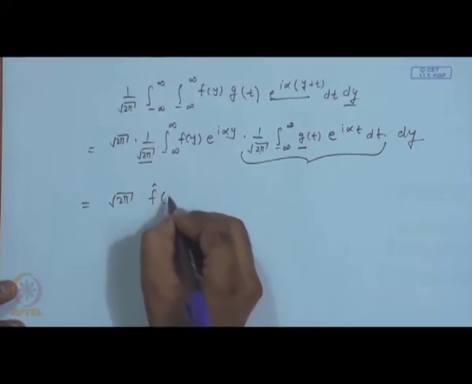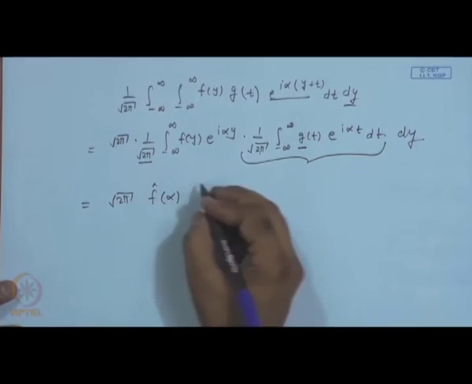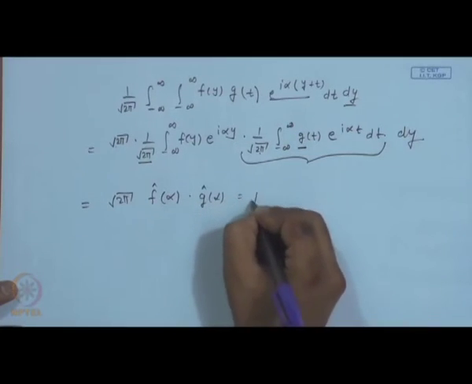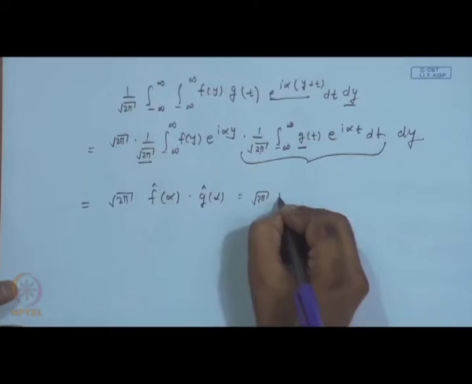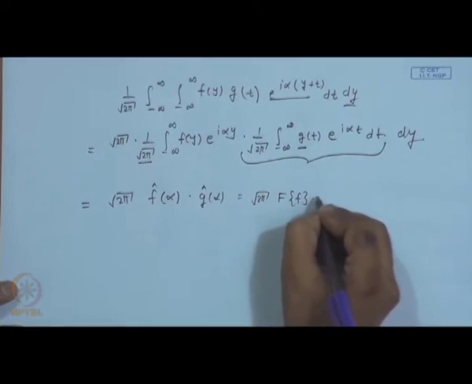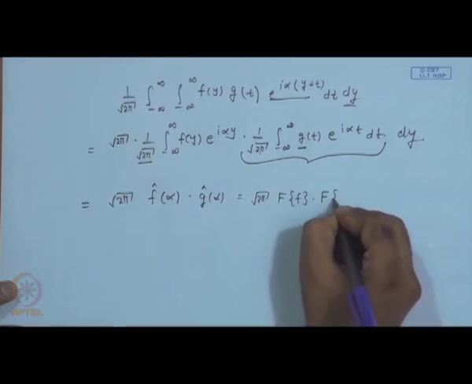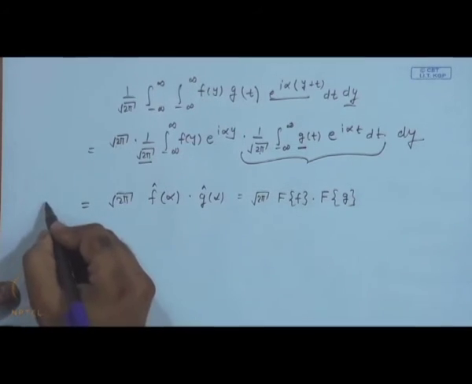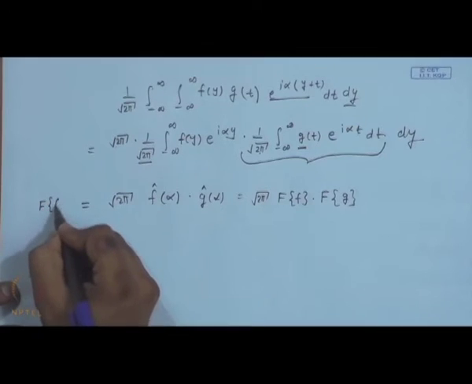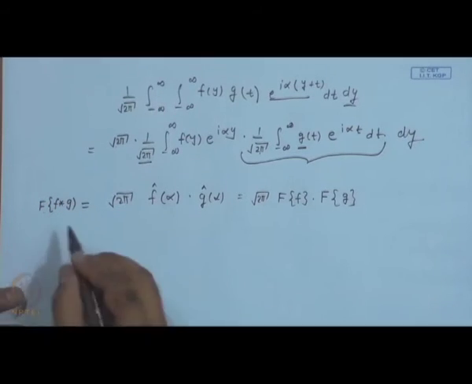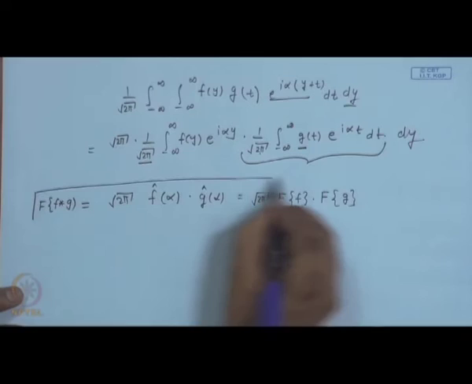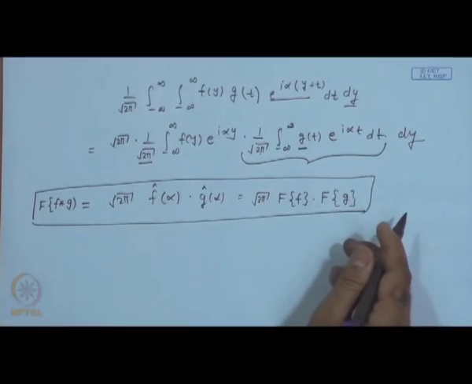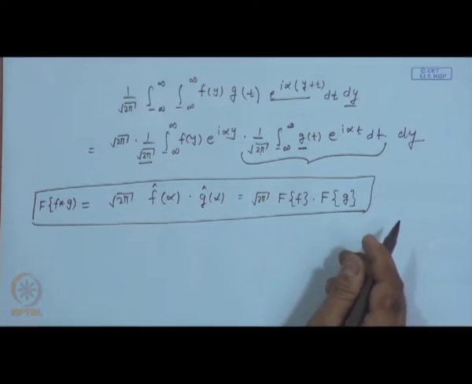So, what we have here is f hat at alpha and g hat alpha, or we can write in this operator form the Fourier transform of f multiplied by the Fourier transform of g, and this was the Fourier transform of f star g. So, this is the convolution theorem we have.